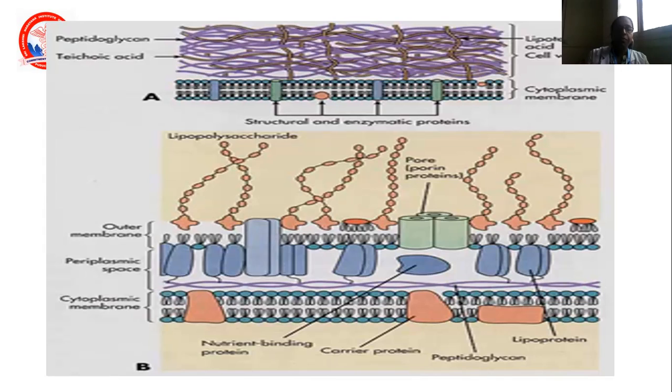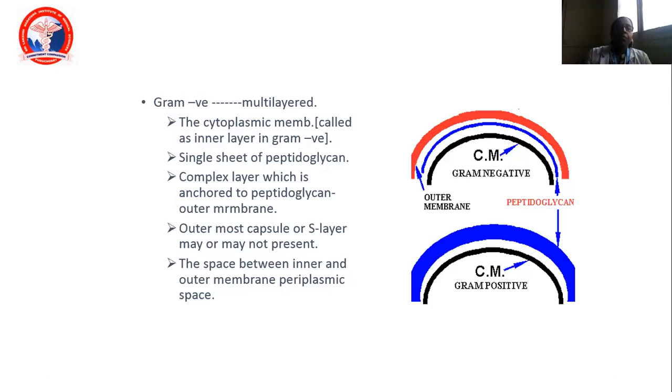This cell wall is made up of peptidoglycan, alternating units of N-acetyl glucosamine and N-acetyl muramic acid. You can see this thick peptidoglycan in gram-positive, whereas the peptidoglycan layer is very thin in gram-negative, but it has a lipopolysaccharide which is seen in red color.